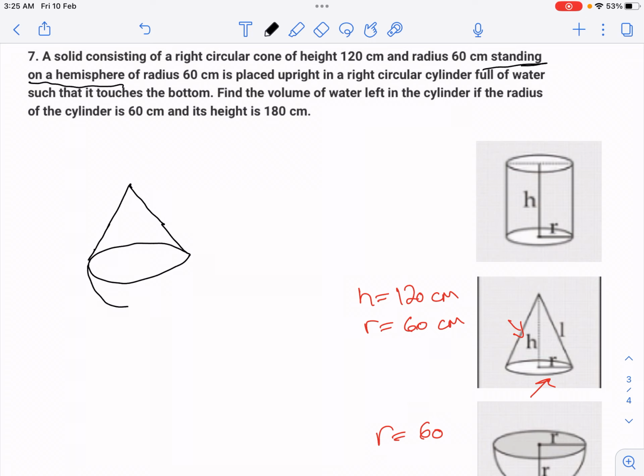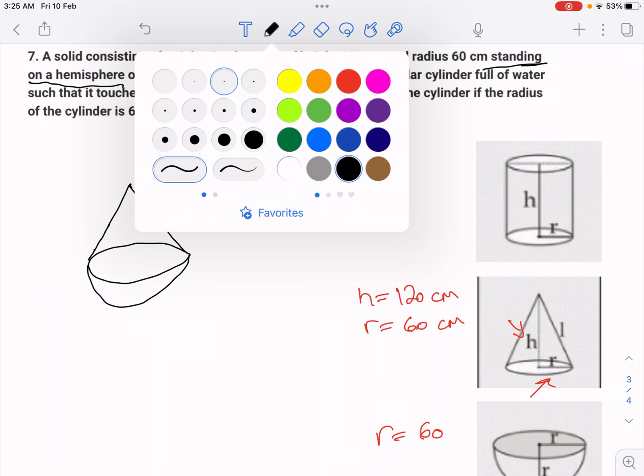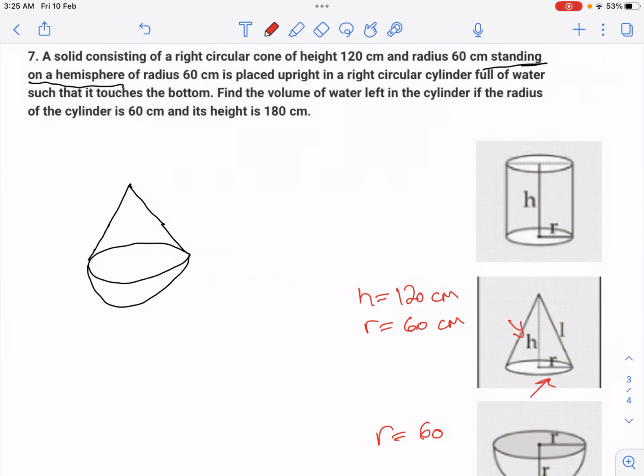We have to draw a hemisphere below the cone. Sorry for my drawing. And then we are going to continue with radius 60 cm. So the radius of this hemisphere and the radius of the cone, both of them are 60 cm. And they told us the height of the cone is 120 centimeters.